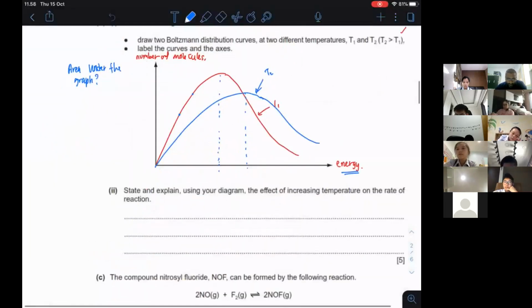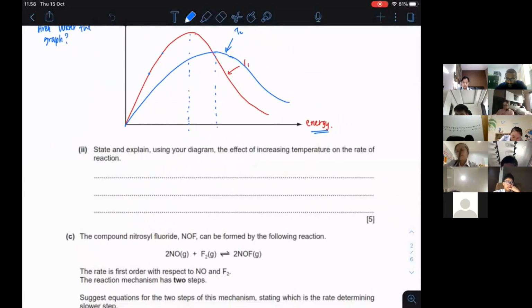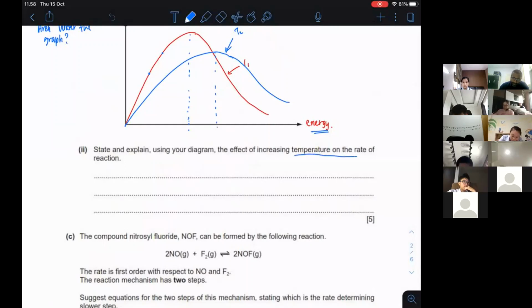So here they say, state and explain using your diagram the effect of increasing the temperature on the rate of the reaction. So here they say using the diagram, so we need to tell what is the effect of increasing the temperature on the rate of the reaction. So temperature increase, the rate of the reaction will increase.